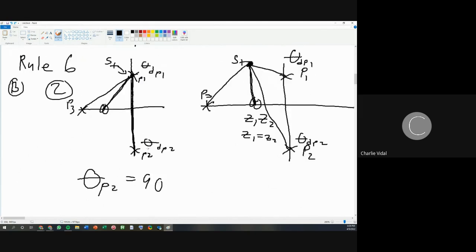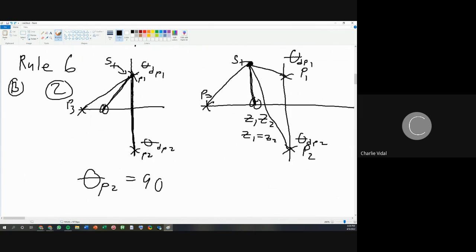So it's literally on the same line, you just go straight up. So it's not too hard to figure out that this is 90 degrees, because if you just go straight up, that's a 90-degree angle.